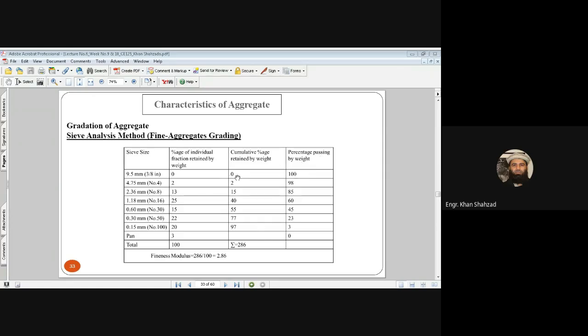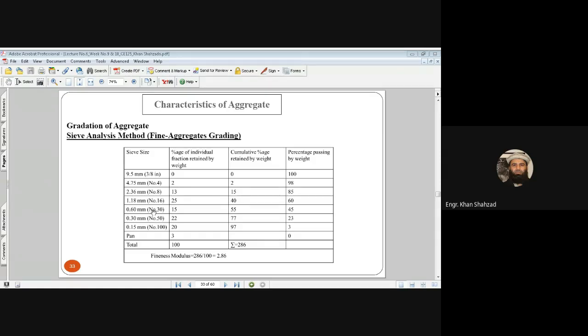So 100 minus 0 is 100. 100 minus 2, 98. 100 minus 15, 85. 100 minus 40, 60. 100 minus 55, 45. 100 minus 77, 23. And 100 minus 97 is 3. Okay, so this is the percentage passing by weight from each sieve.